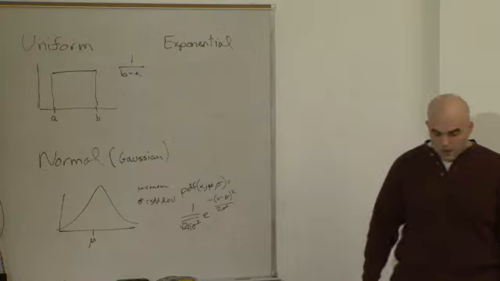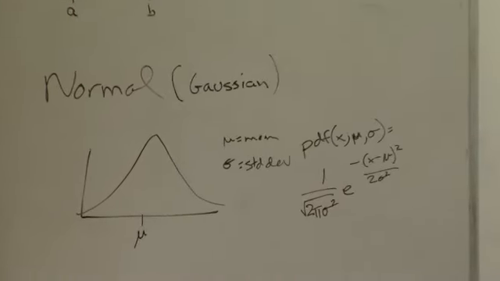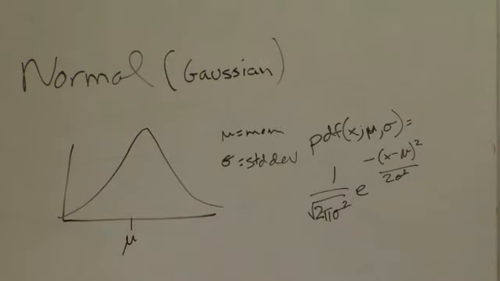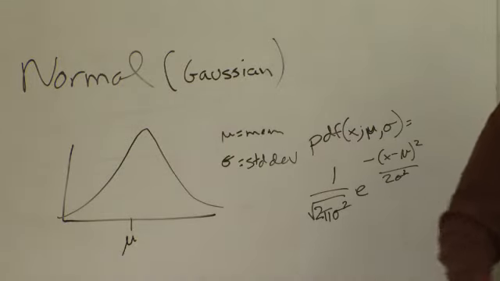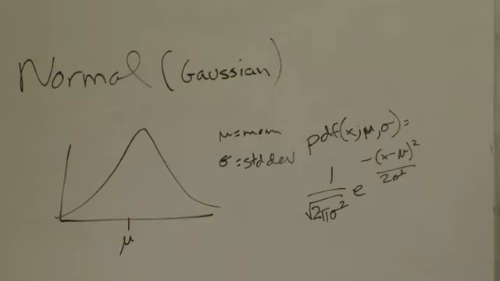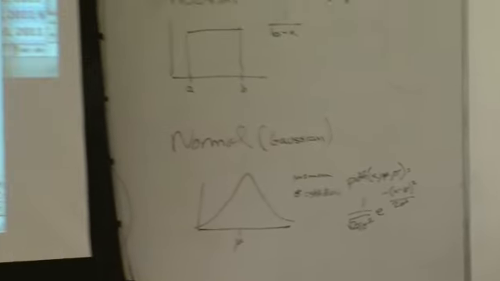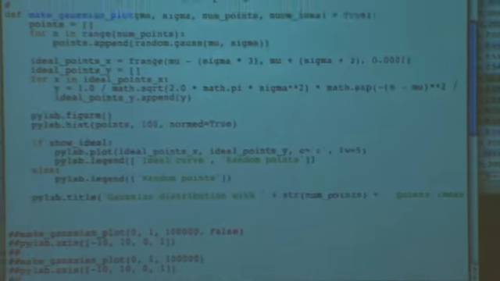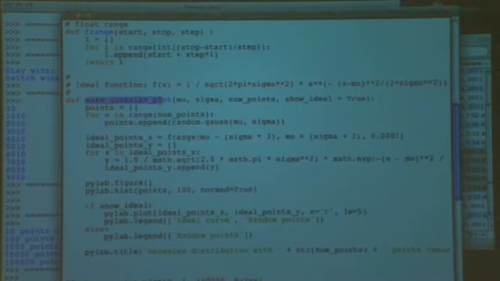All right. So the reason why I threw that up there is because what I want to do is show you the ideal form when we plot out this function versus a bunch of random samples we've drawn from a distribution that is Gaussian. So I have a function make Gaussian plot.